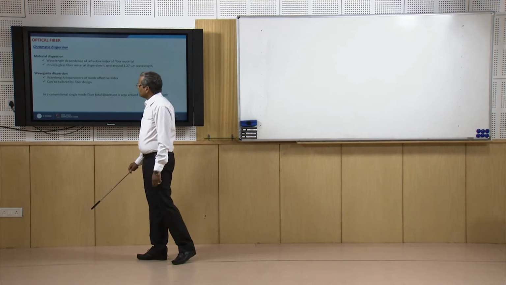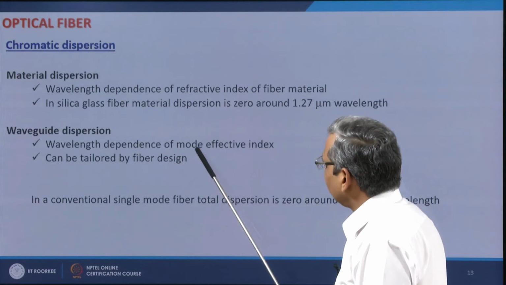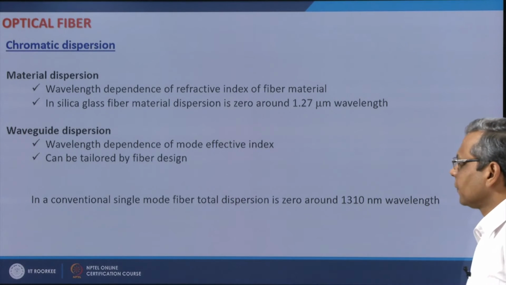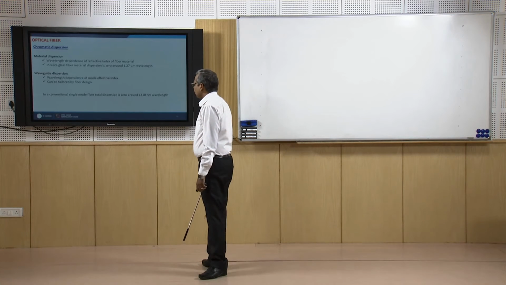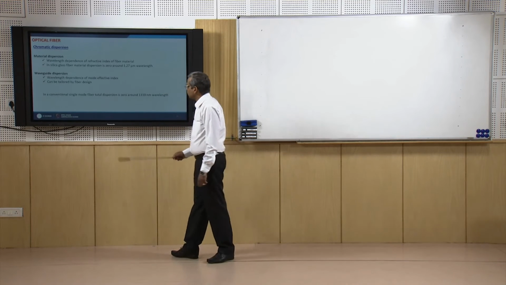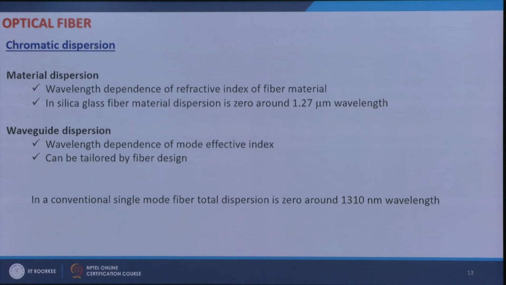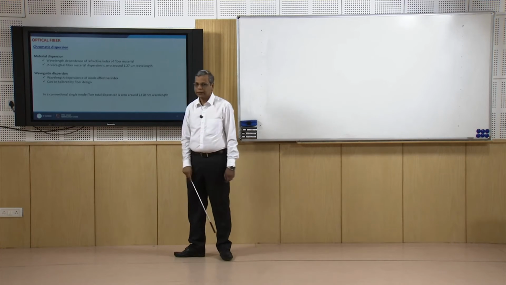Waveguide dispersion has its roots in the wavelength dependence of mode effective index, and so it can be tailored by changing the design of the fiber. In a conventional single mode fiber, total dispersion is 0 around 1310 nanometer wavelength if you include both the material and waveguide dispersion.